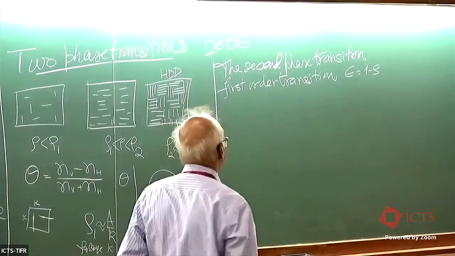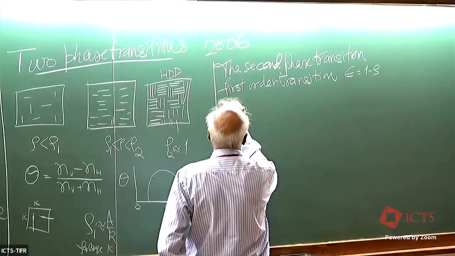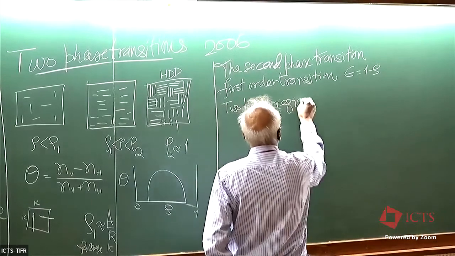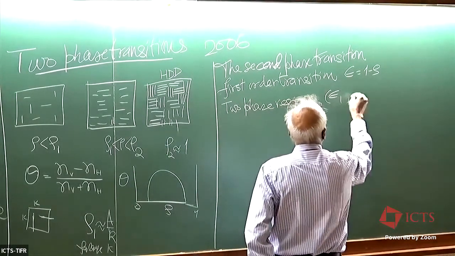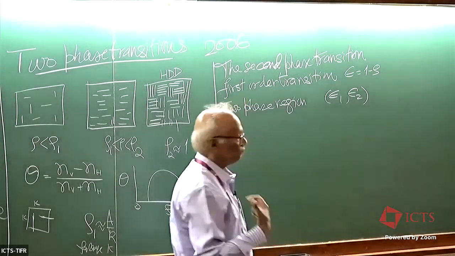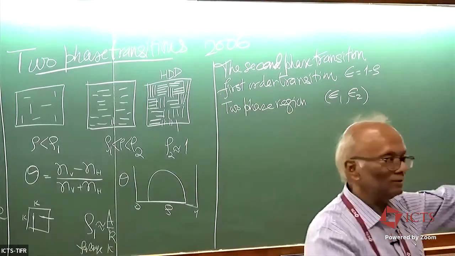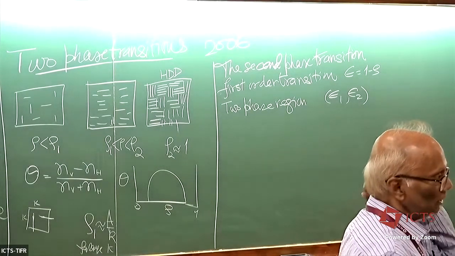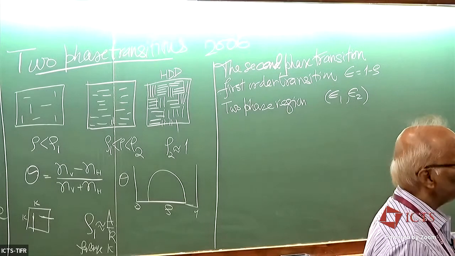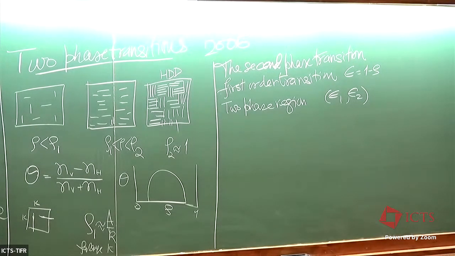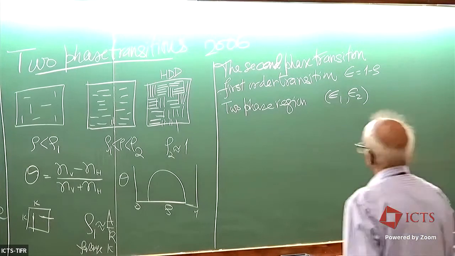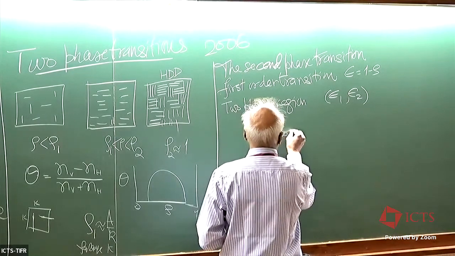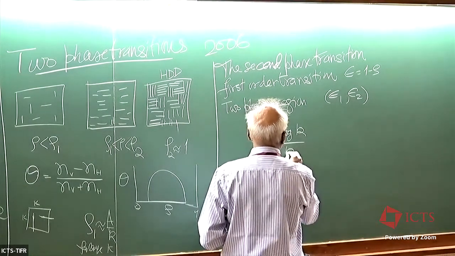In the first order phase transition, there is a 2-phase region, epsilon 1, epsilon 2, where you see a phase separation. The system will separate into one part with density epsilon 1, one part with density epsilon 2. And if the epsilon is less than epsilon 2, then you have a uniform phase with some density of holes. So we would like to argue that epsilon 1 is log k divided by k squared.